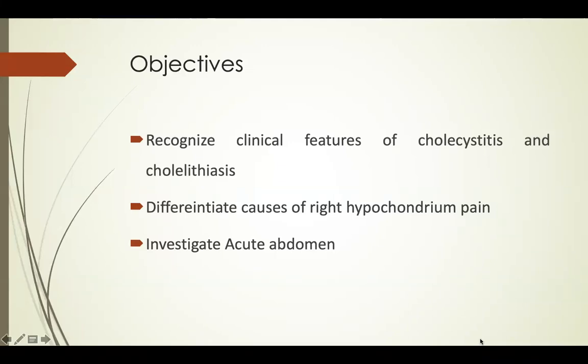And you should be able to investigate a patient with pain abdomen, and especially pain right upper abdomen. And furthermore, you should be able to interpret different investigations when a person comes to you with his or her investigations, and then you can comment over those investigations on what may be the problem.